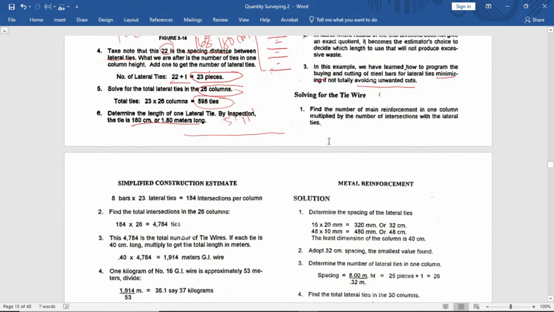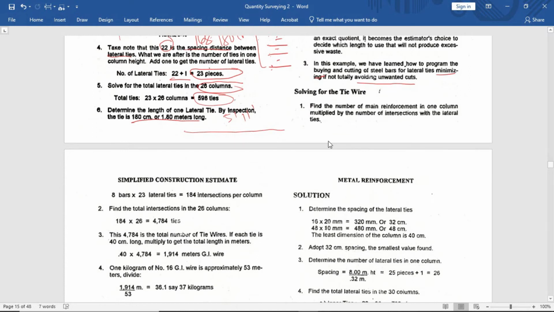So, times the number of lateral ties. Number of lateral ties natin is 23 based sa na-solve natin kanina. So, there are 184 intersections per column.